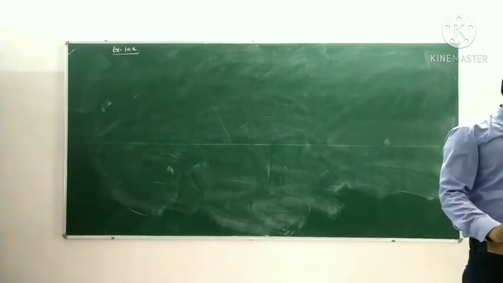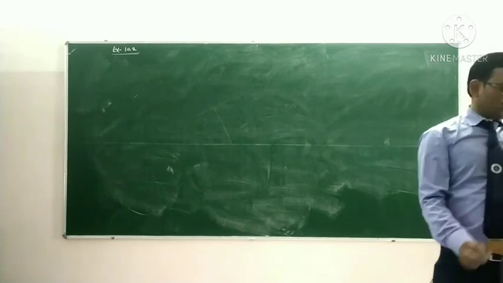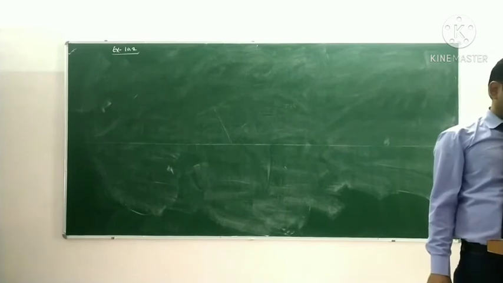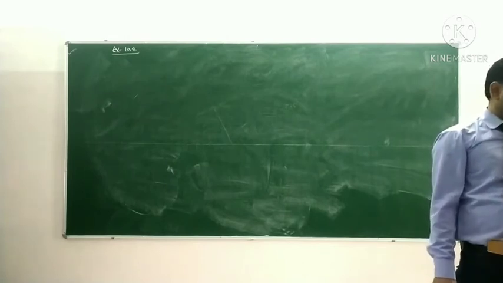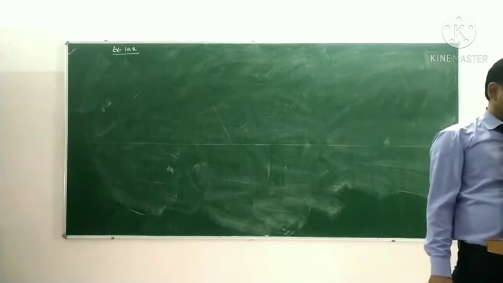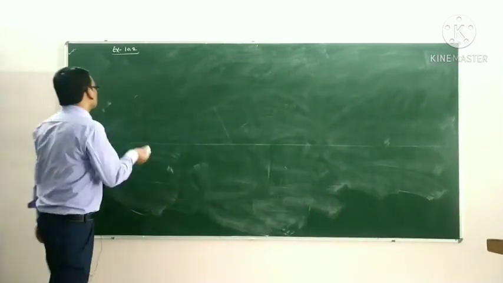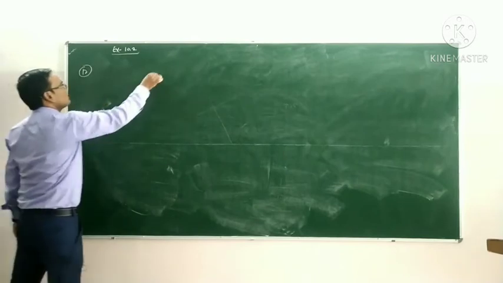Find the equation of the line that cuts off equal intercepts on the coordinate axes and passes through the point 2, 3. Okay students, question number 12.